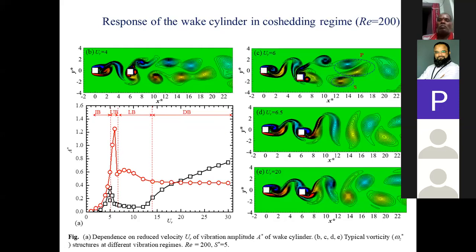Because in this synchronization region, if you are getting this larger amplitude, it can be converted for harvesting energy in this low Reynolds number flow. Although I told you that in real life problems, these are for larger Reynolds number, high speed flow, we are getting these things for this lower laminar flow also.